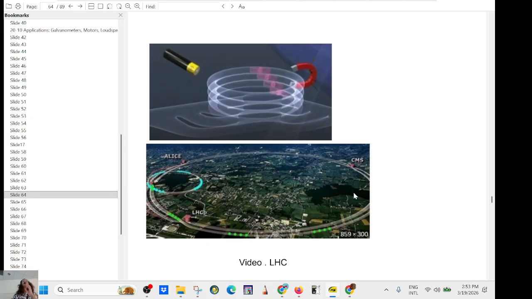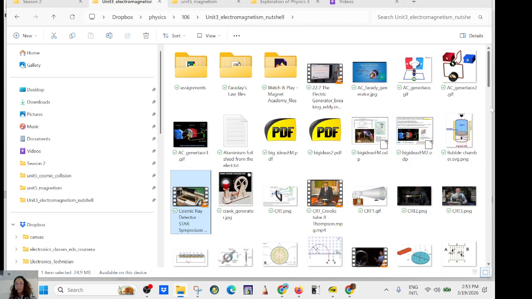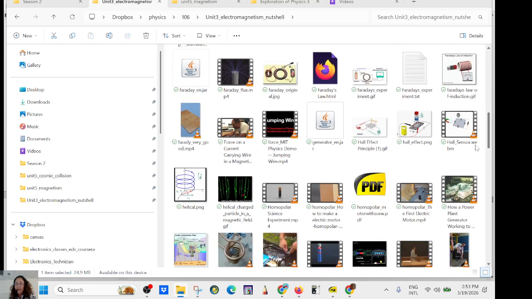That's how they discovered the Higgs boson. They call it the God particle, because it explains why things have mass. That was a big discovery, and there was a Nobel Prize. But anyway, I just want to show you.